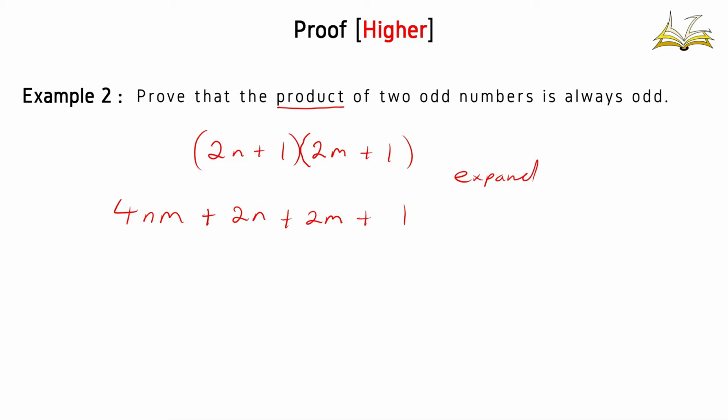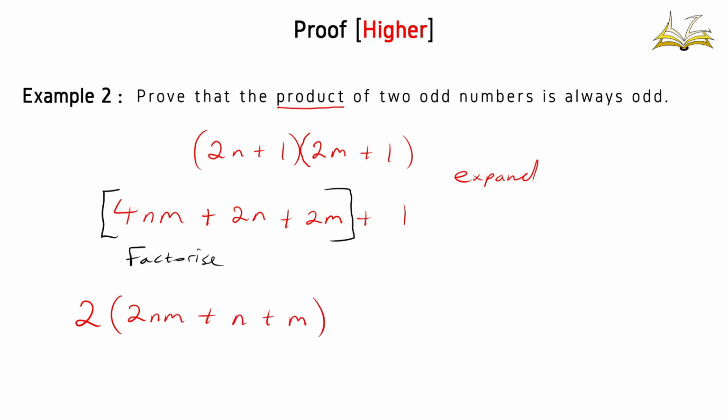We are now going to focus on this bit of the expression, and we're going to factorize this bit. Now, when factorizing this, we can take out a 2 from everything, and that's the only thing we can take out. So now we have 2 times (2nm plus n plus m) in brackets, plus 1 on the outside.